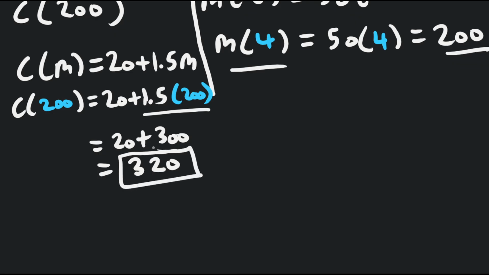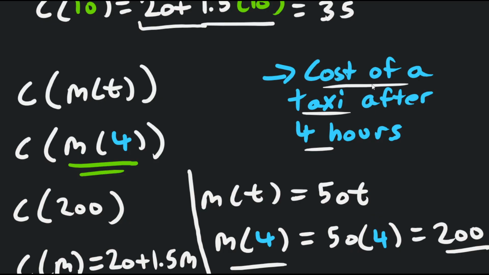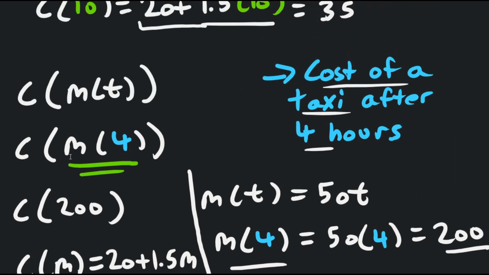And that is the answer to our original problem: how much does it cost to ride the taxi for 4 hours? The answer is $320. We answered that question using this composite function, c of m of t, and we found c of m of 4 equals 320, our final answer.